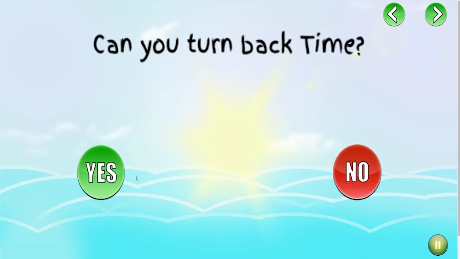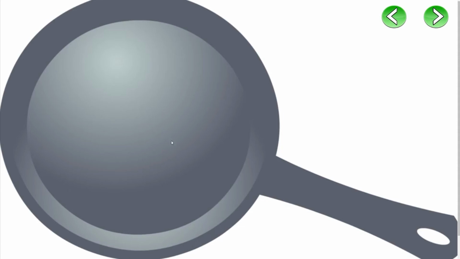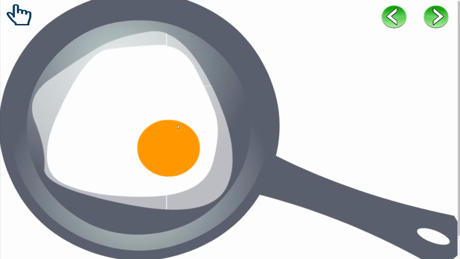You cannot turn back time. Time always flows forward. You are right. No one can turn back time. If you were able to turn back time, it would be possible to turn scrambled eggs back into sunny-side-up eggs.